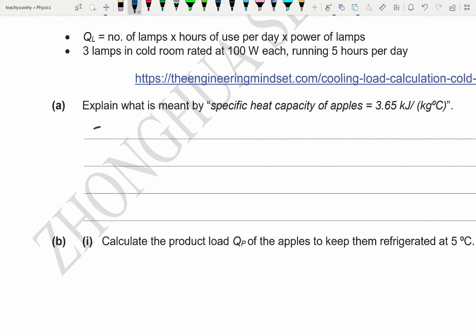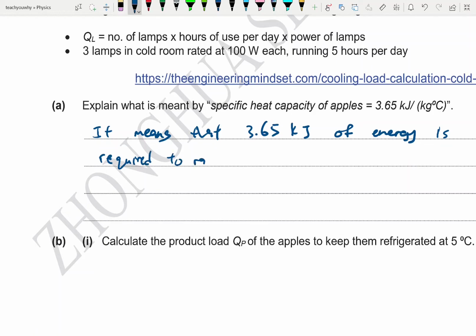So it means that 3.65 kilojoules of energy is required to raise the unit mass of apples' temperature by 1 degree Celsius.